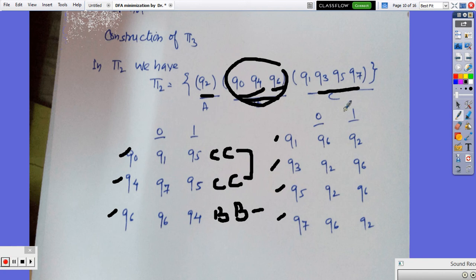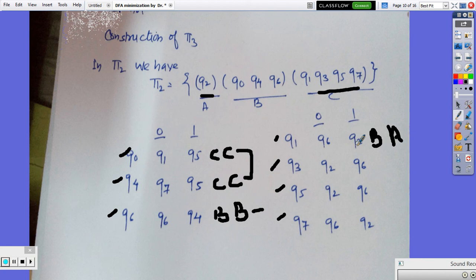Now similarly here, if I look at Q6, Q2: Q6 belongs to B set, and Q2 belongs to A set. So I will write BA, and we have to remember to write BA, not AB, as it makes a different significance.